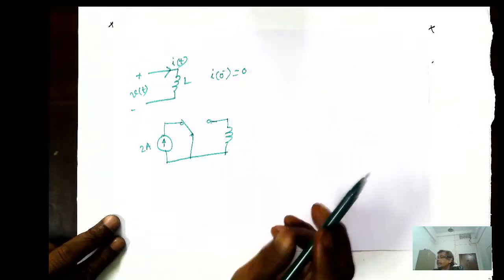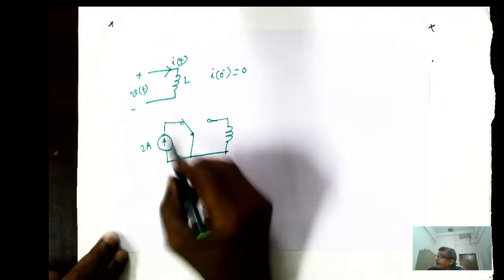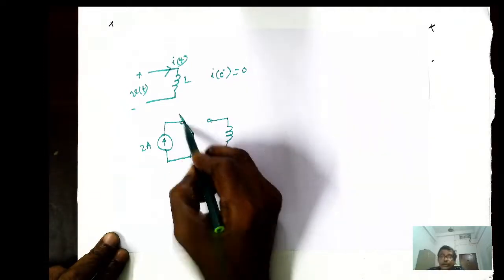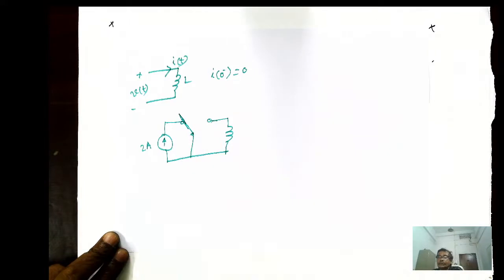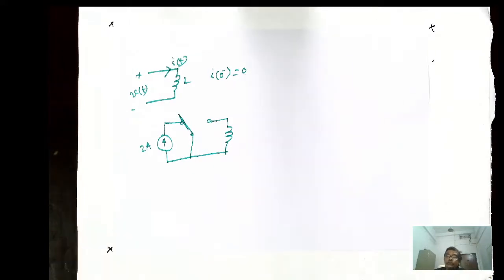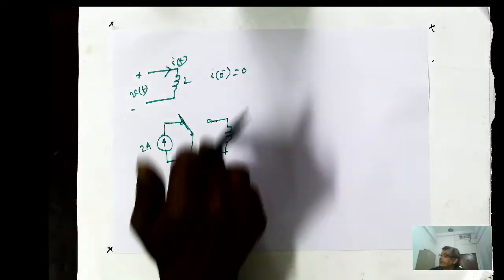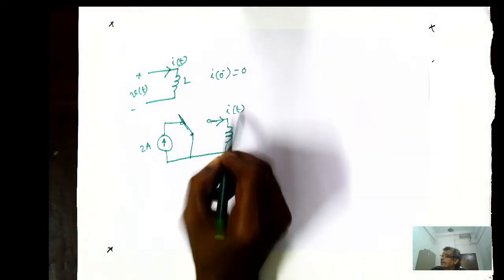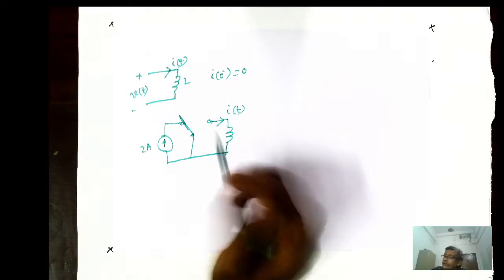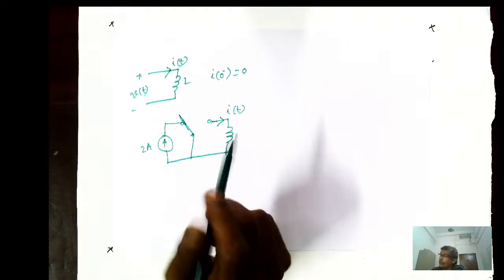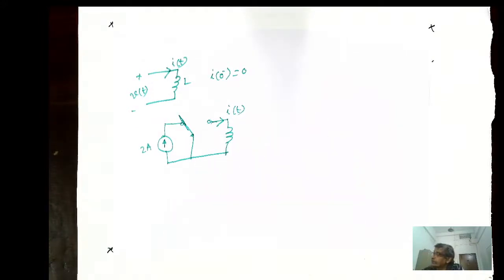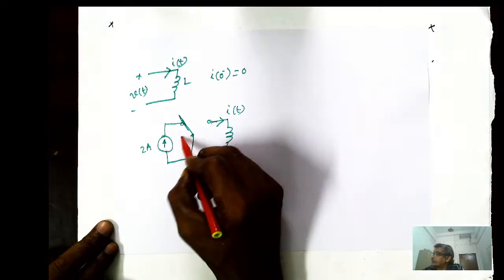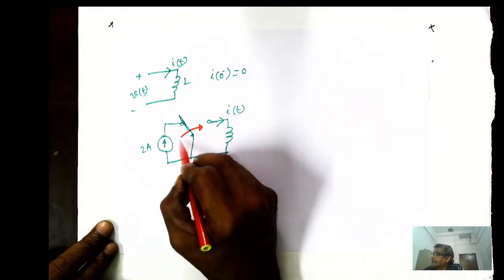Now, at least on pen and paper, I will try to draw my own conclusion: I will suddenly inject some current in the inductor. This is my i(t) at any time t, but I0 minus is 0. It was kept open circuited. Now what is done is that this switch is turned to this side at time, say, t equal to 0.